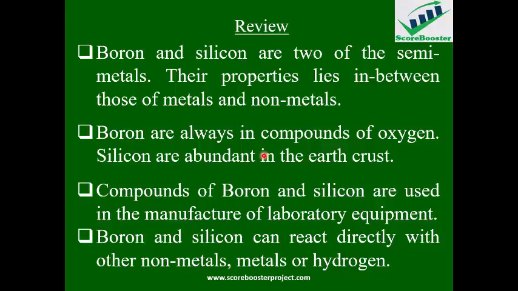The compounds of boron and silicon are used in the manufacture of laboratory equipment. I'll give an example of glassware like Pyrex because of heat resistance. So we need compounds of boron and silicon to do that. But don't forget, we don't store hydrofluoric acid in glassware, because glass is made of silicon material.